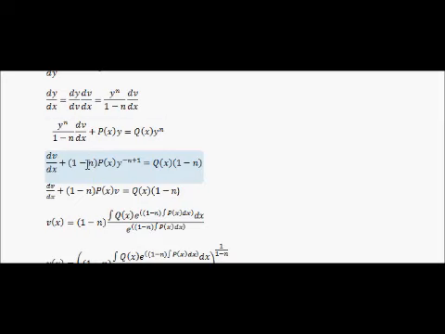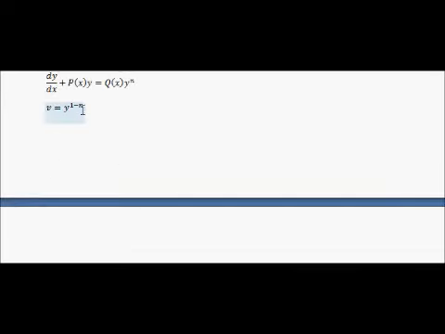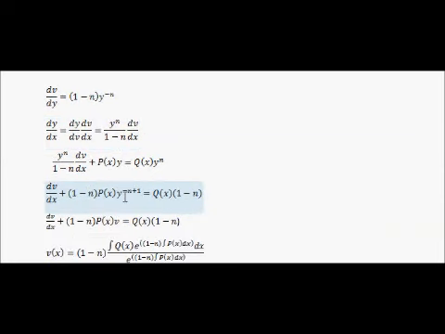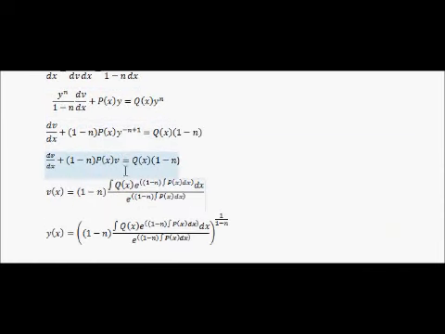This multiplier comes from the fact that we've divided through by 1 minus n, and then we get this thing here, y divided by y to the n, and then obviously on this side the y to the n goes as well. And you notice that this thing is equal to y to the 1 minus n. We've got y to the 1 minus n, so we can let that equal v, like that.